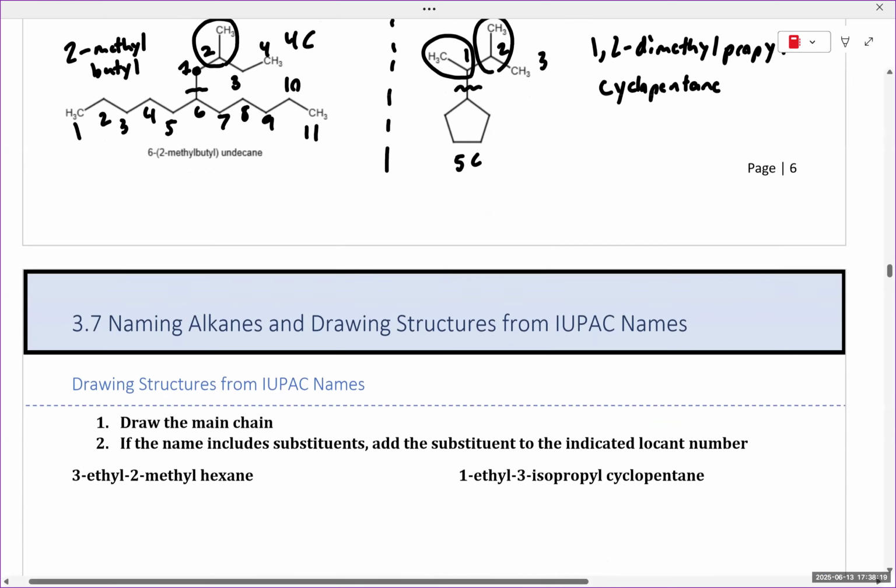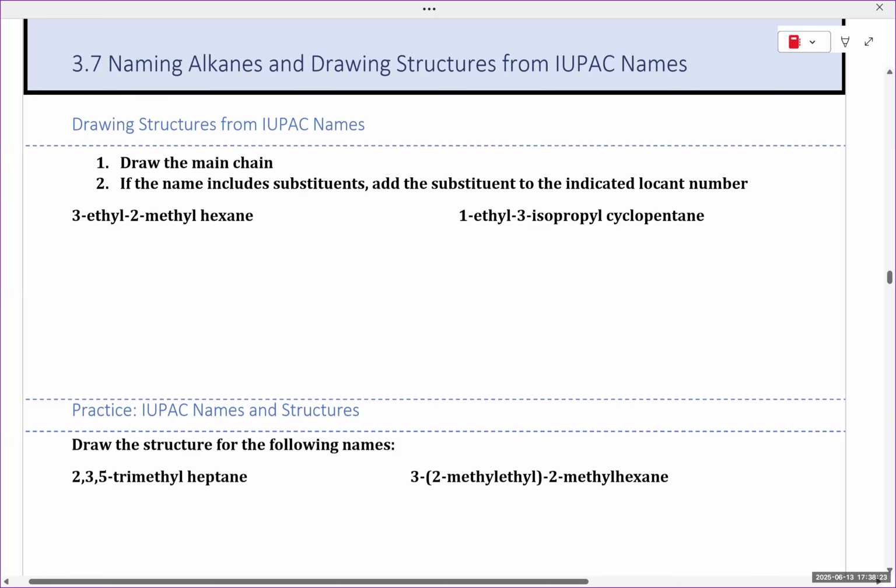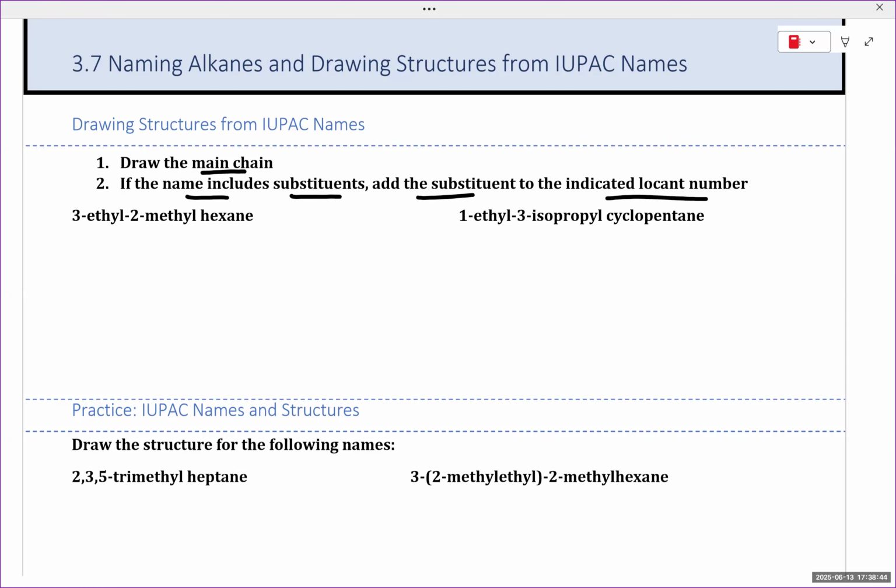Let's now practice naming alkanes by drawing structures from IUPAC names. Drawing structures from an IUPAC name is very straightforward. It's almost like assembling a Lego set following some instructions in that the name tells you exactly how to put together the structure. First, you draw the main chain, and if the name includes substituents, you add the substituent to the indicated locant number.